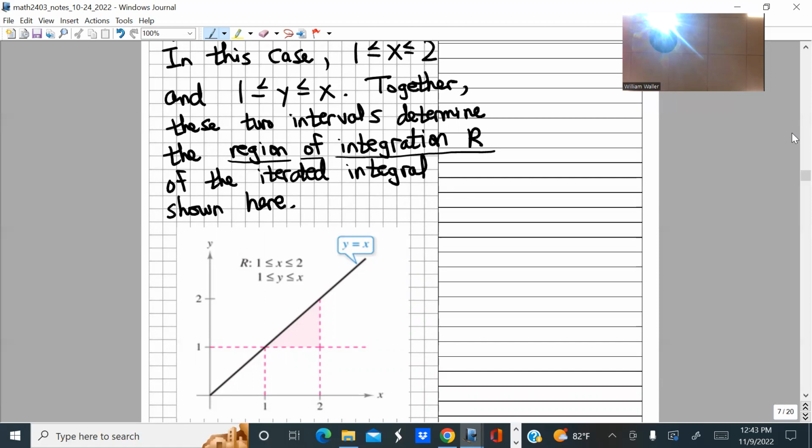So notice that's going to be everything below this line. That's the line y equals x, right? So everything below this 45 degree line down to that horizontal line y equals 1. So notice you get this piece of the xy plane, this big wedge here of the xy plane. All of this.